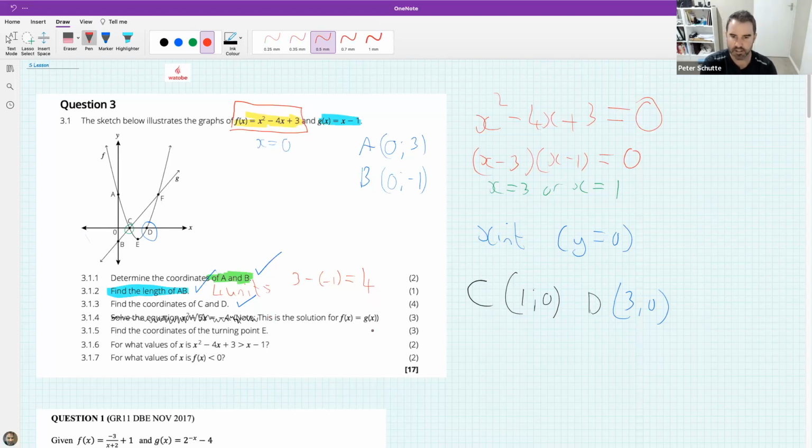I want you to find me the intersection points between F and G. Think back to when we talk about the intersection points, they're where the two graphs collide. And so it looks to me like I need to find these two values.